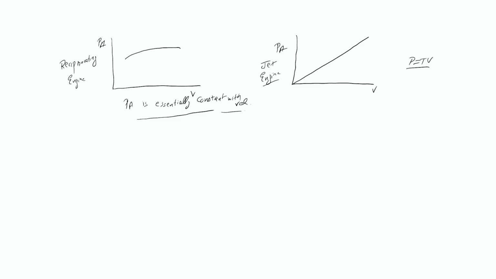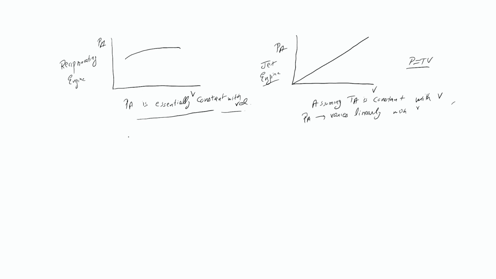So for a jet aircraft, assuming thrust available is constant with velocity, PA at subsonic speeds varies linearly with velocity. Okay, so now we have discussed both power required and power available curves.